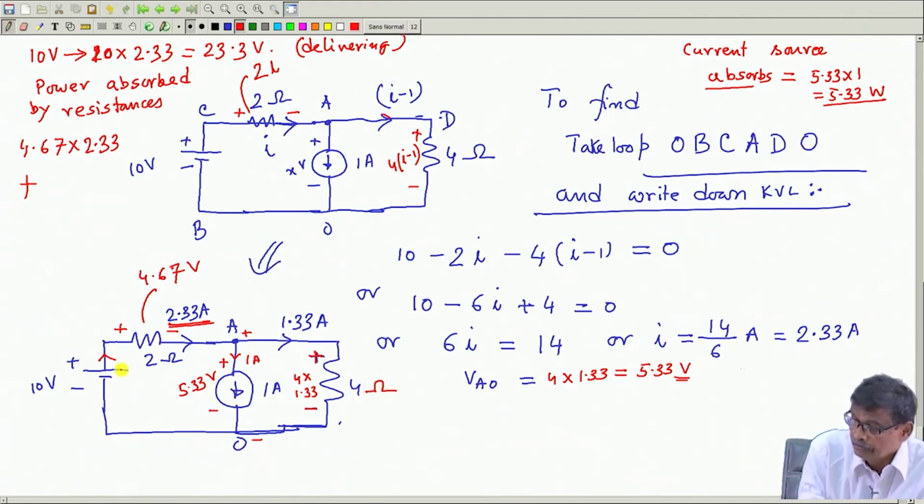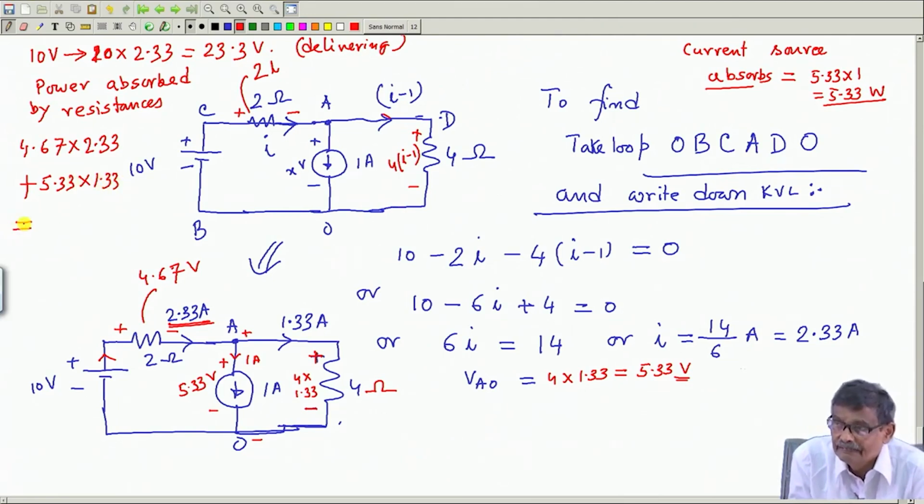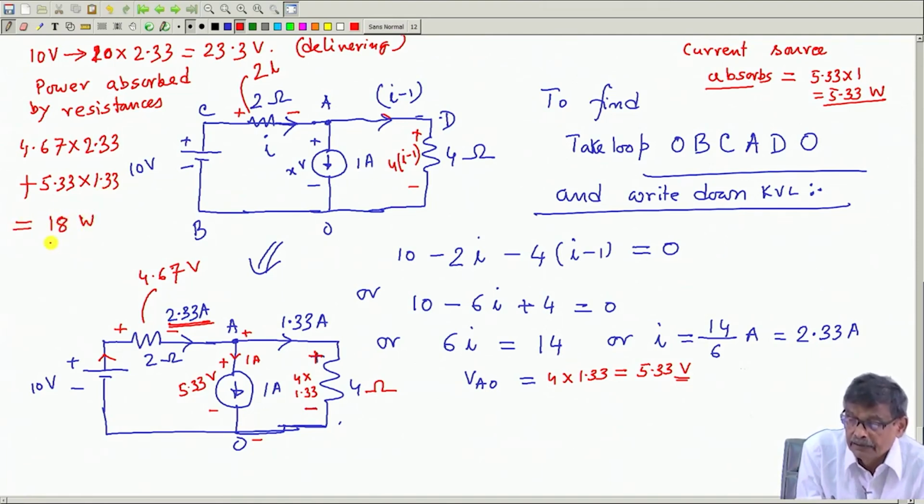So, this is ohm. So, 4 into 1.33 is the voltage, into 1.33. So, how much is it? Oh, this is 5.33, so 5.33 into 1.33. How much does this sum become? 18 watt. Acha.